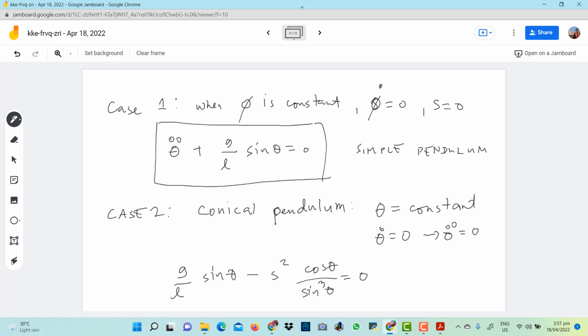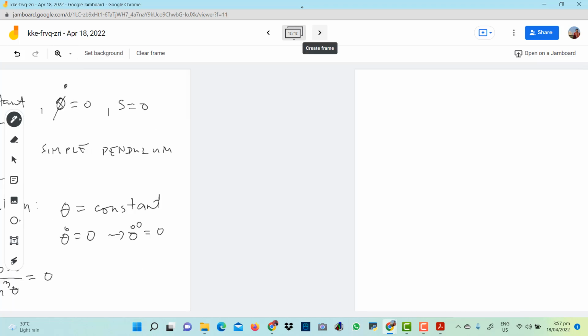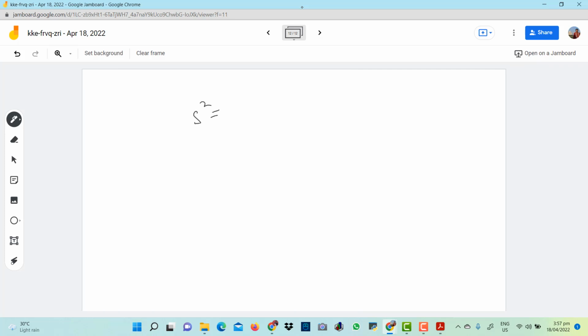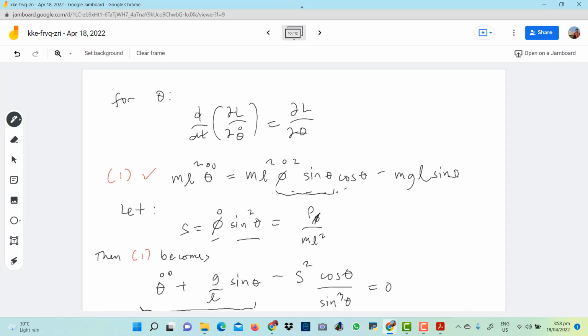And if you solve for the S square here, S square is equal to g over L sine to the fourth of theta, secant of theta. And then the velocity, not theta but phi, so it's phi dot square, because take note S is defined as phi dot sine square theta.